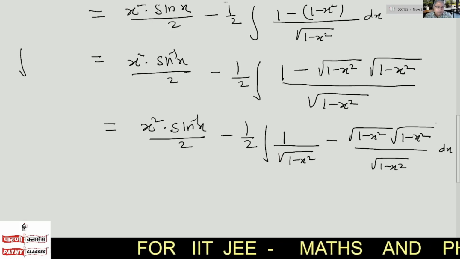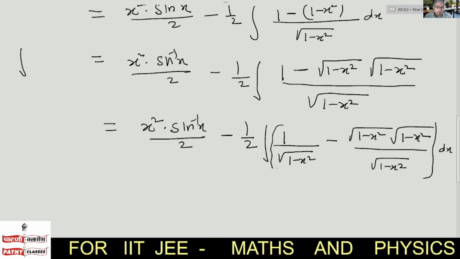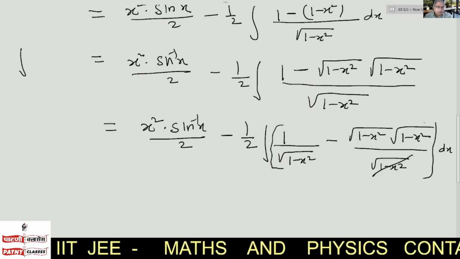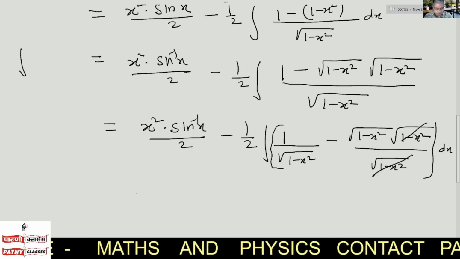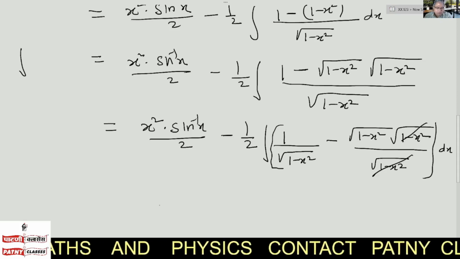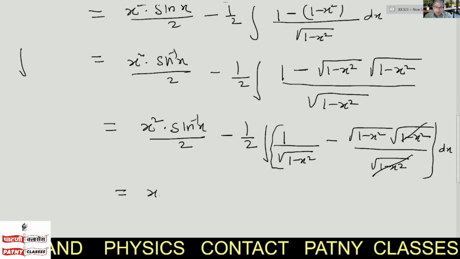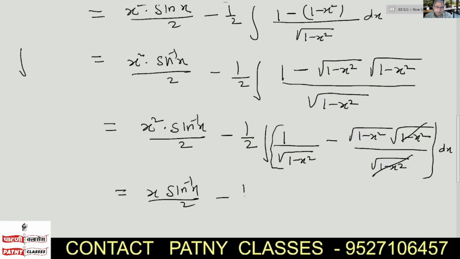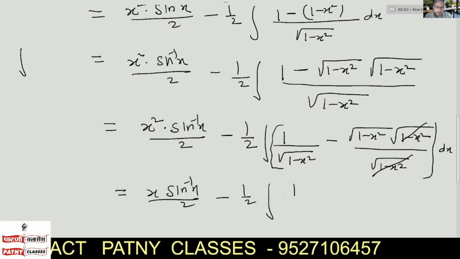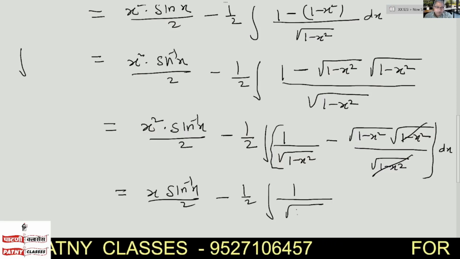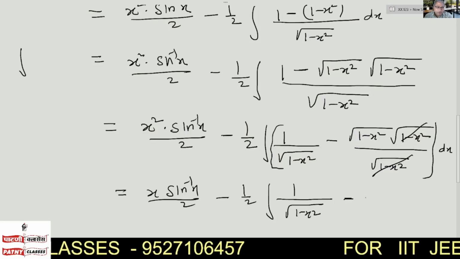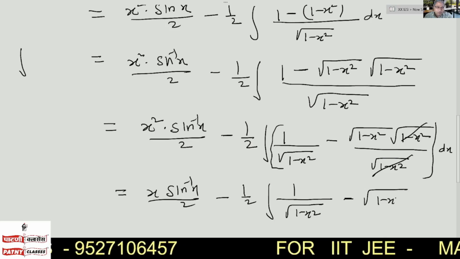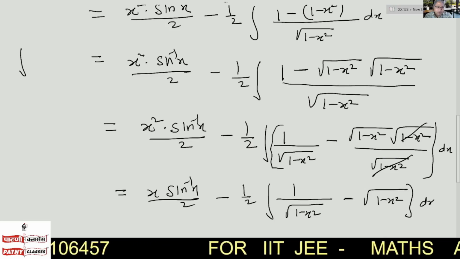With respect to x, the entire box, this and this cut down. After that, what was left? 1 minus x square is left, minus under root of 1 minus x square with respect to x.